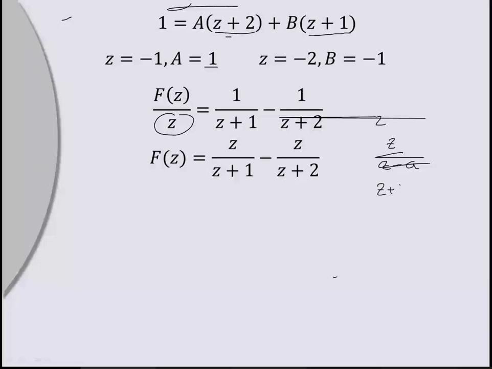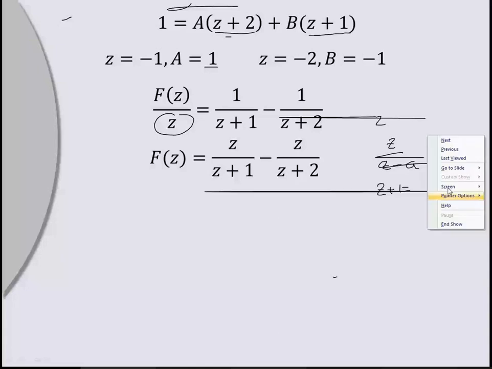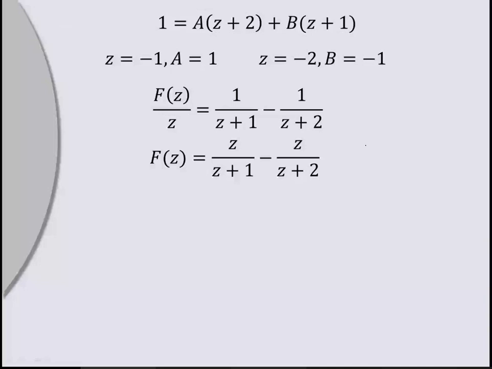But z plus 1 we can write as z minus of minus 1, and z plus 2 we can write as z minus of minus 2. Correct? So use that standard formula.